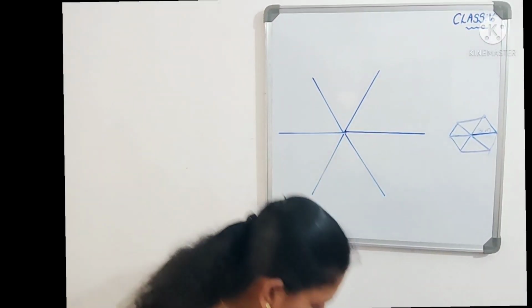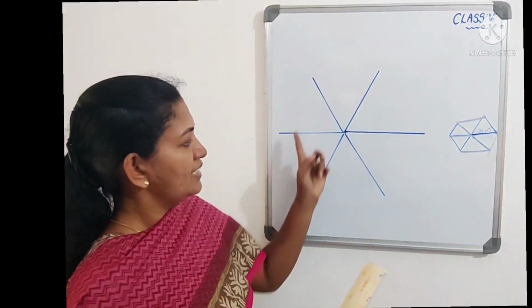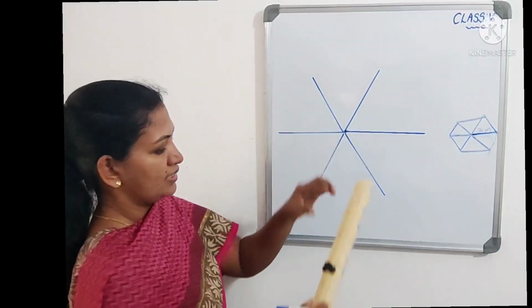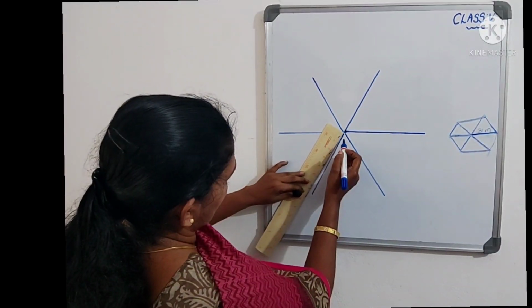Next, we want all the lines 3 cm long only. Here it is a little bigger, so cut it at 3 cm from here.